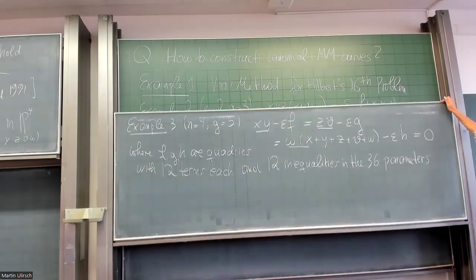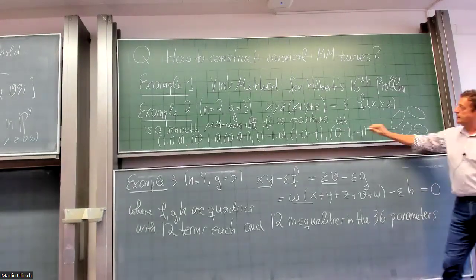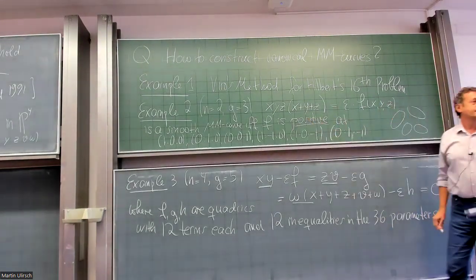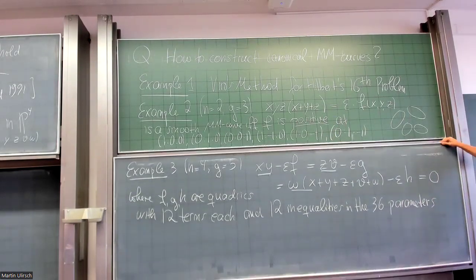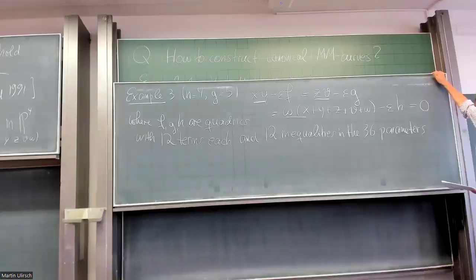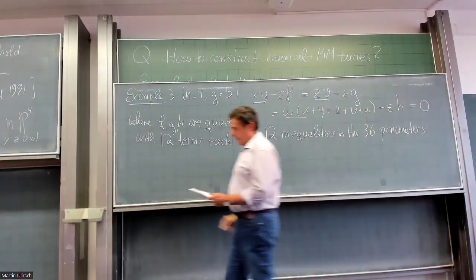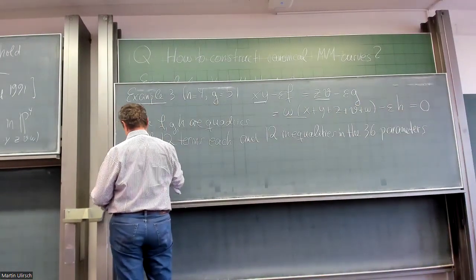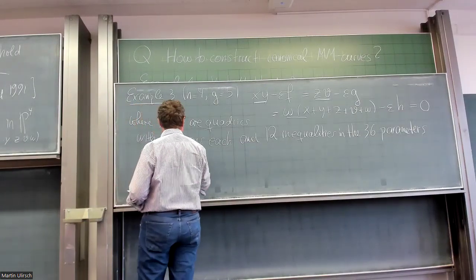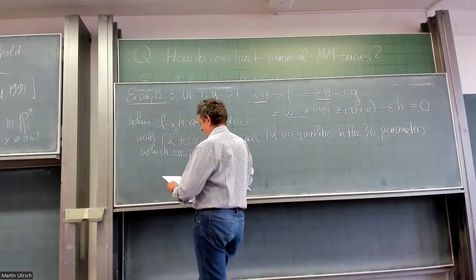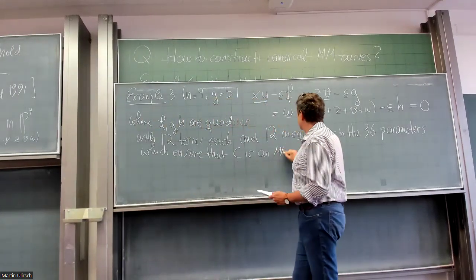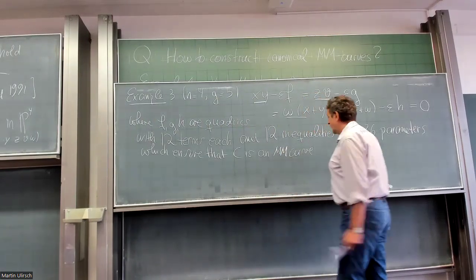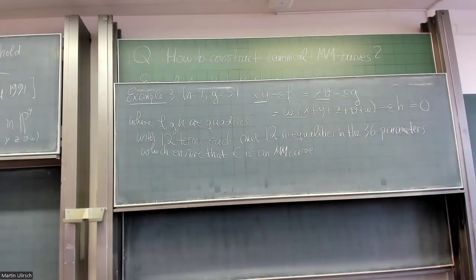And I like to stipulate inequalities like this positivity condition here, which ensures that C is an MM curve. Okay, now I'll tell you what these conditions are in a moment.